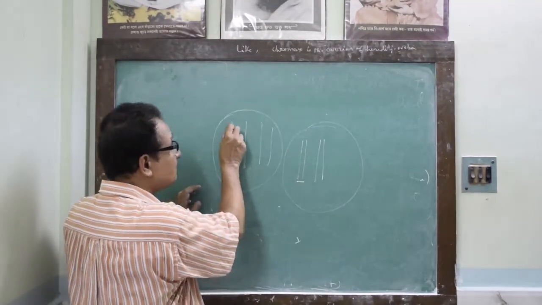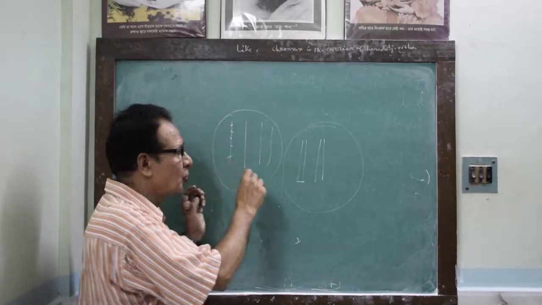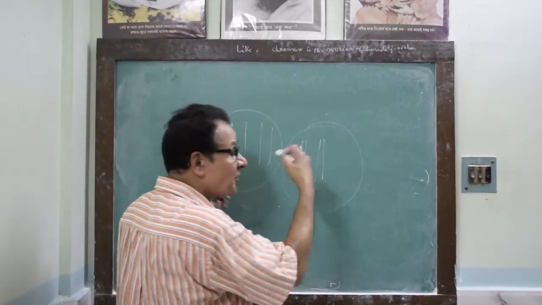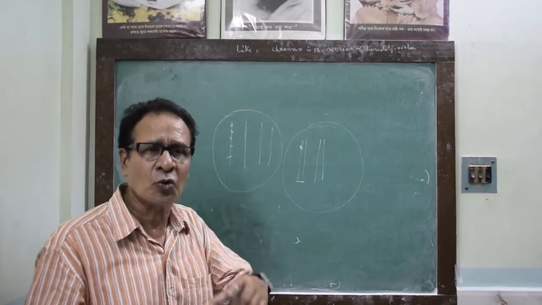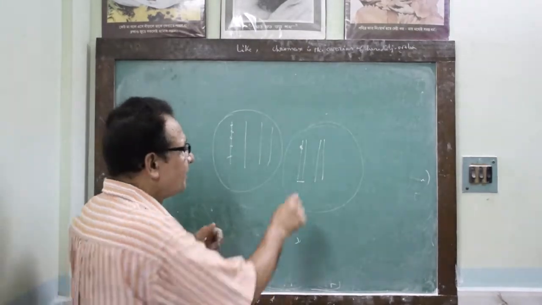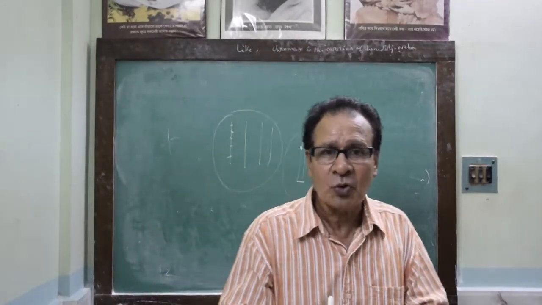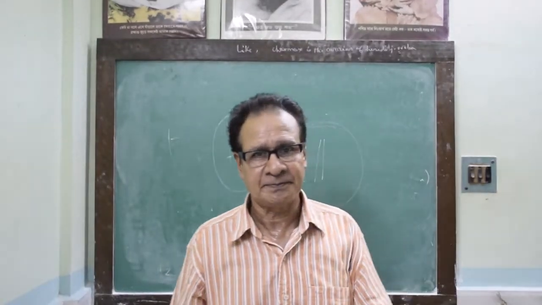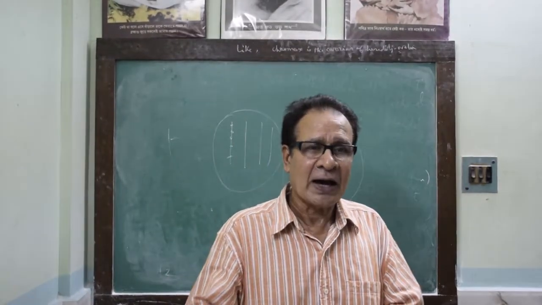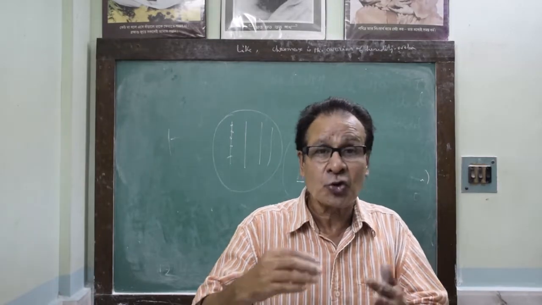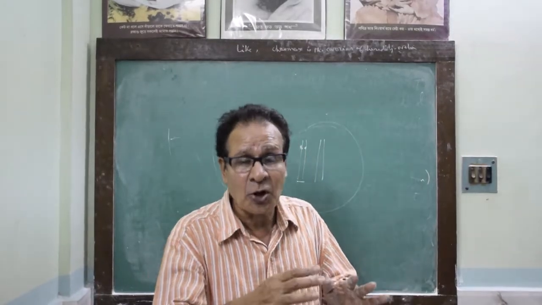So the genes present in the previous chromosome also appear in its counterpart, and a pair of genes thus forms which controls a character. In this way, two genes control a character in diploid organisms.